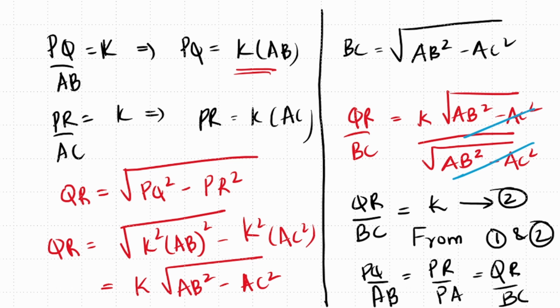Since the ratios of this triangle are equal, that simply means that triangle ABC is similar to triangle PQR.